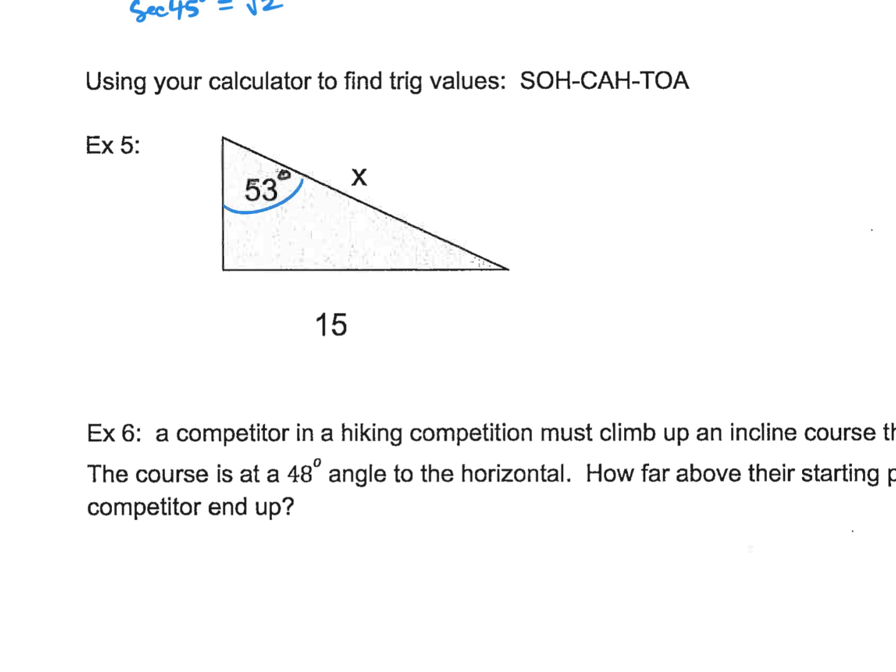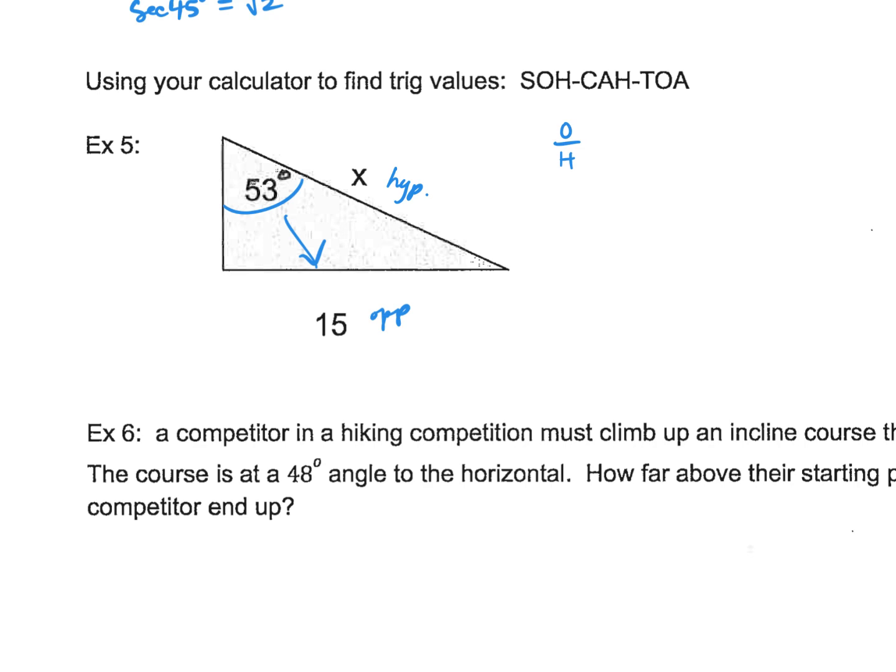So for this 53-degree angle right here, what side is this? Opposite. And x is what? Hypotenuse. So what we know is we have opposite over hypotenuse, don't we?